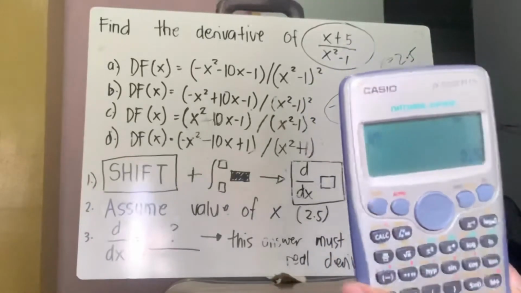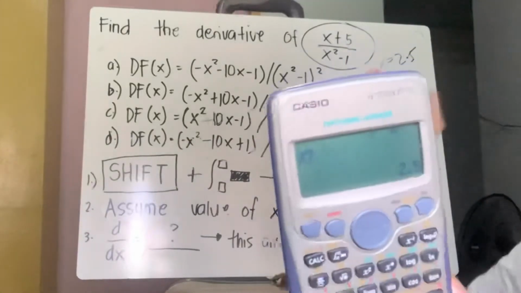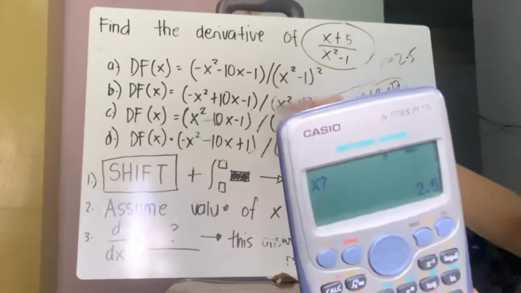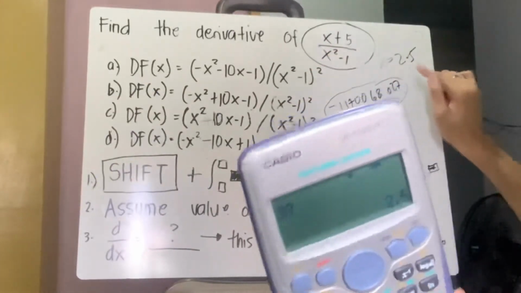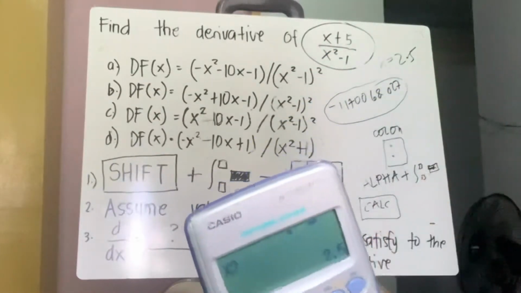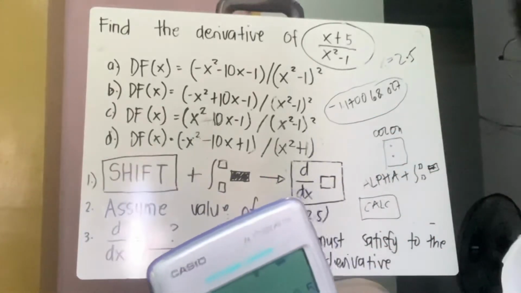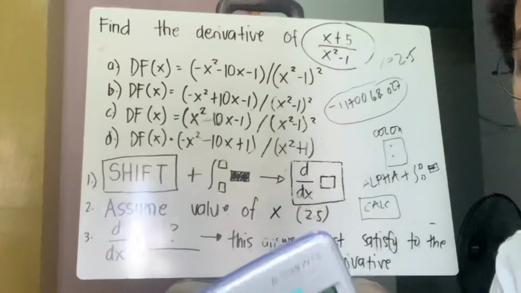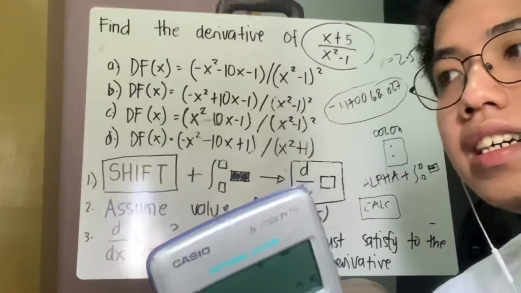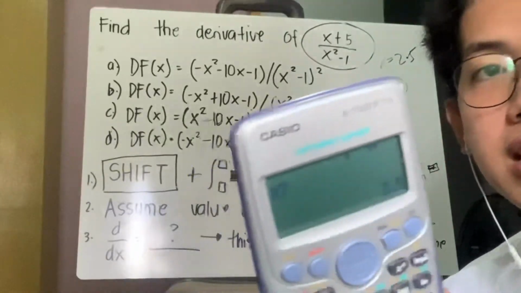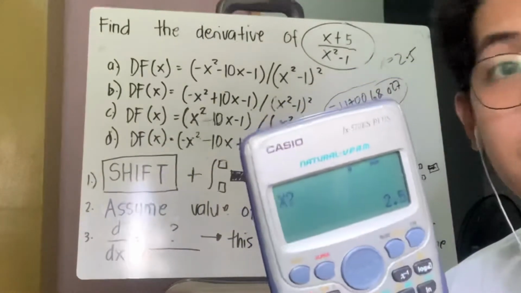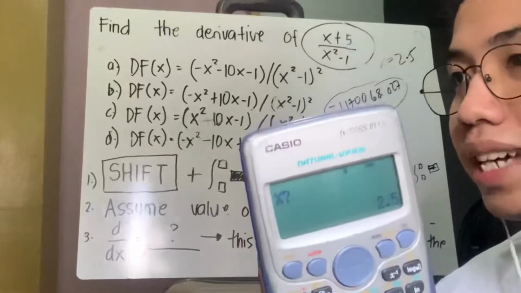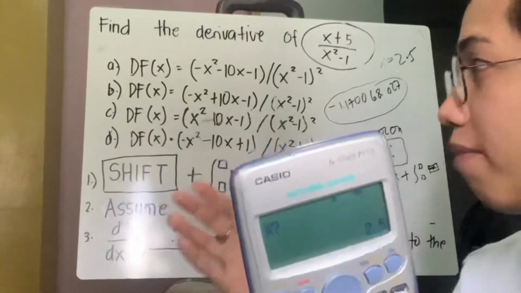What will appear when we press equals are the answers of our different choices if we assume that the value of x is 2.5. Just like what you do when solving a certain equation, the difference here is that we are solving them simultaneously and you no longer input them individually.